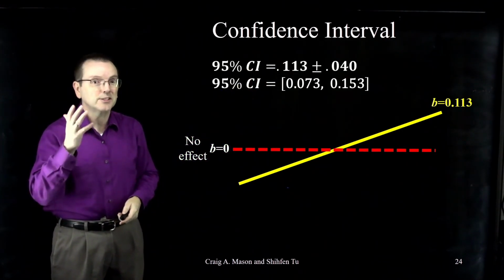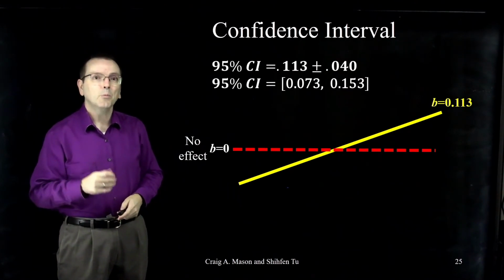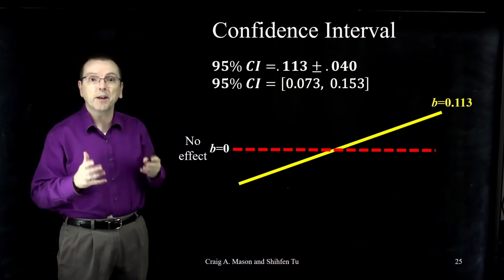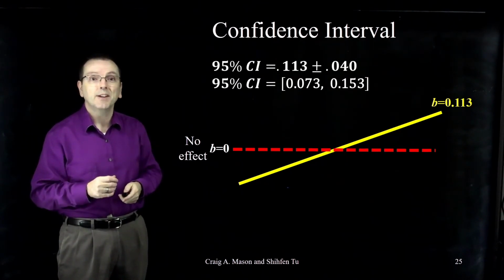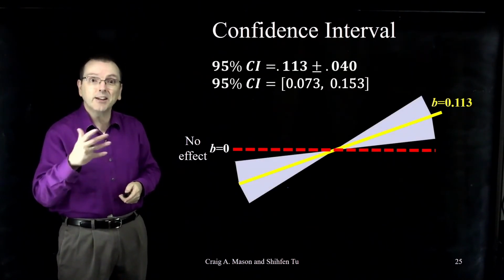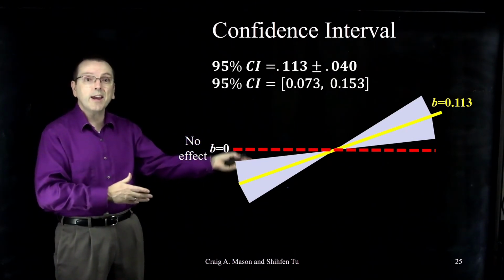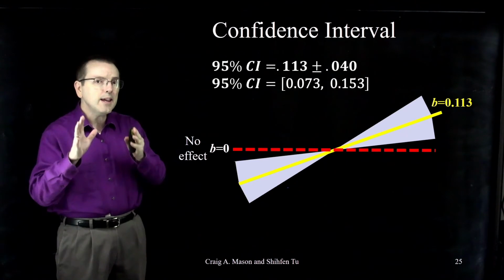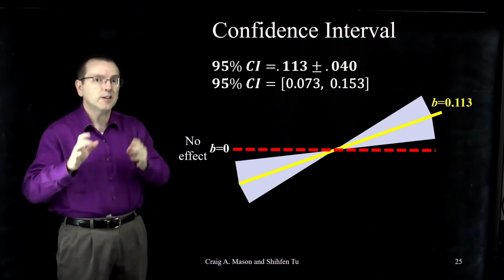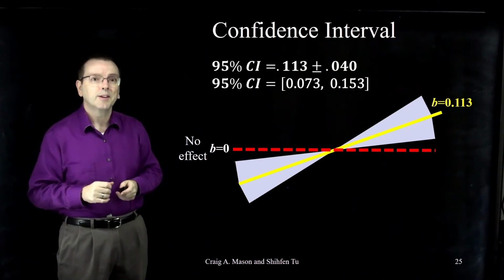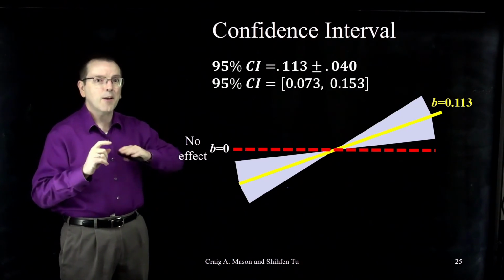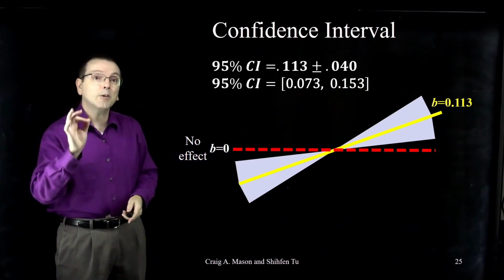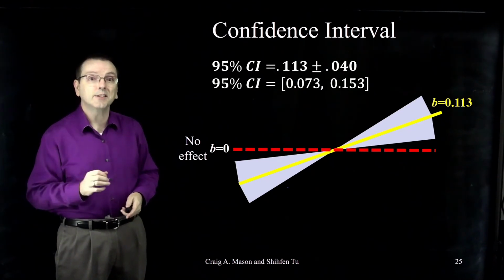But that's just an estimate. We know it's not going to be exactly equal to the true population effect for mother's education. The confidence interval reflects the range of values for this slope, where we believe the true value for the entire population lies. Now notice that that red line we drew for our no effect is outside of the range for our confidence interval.